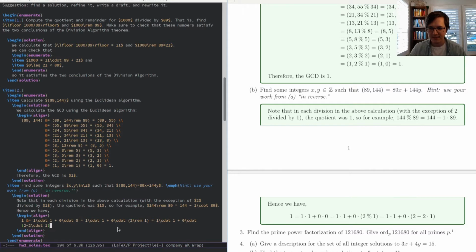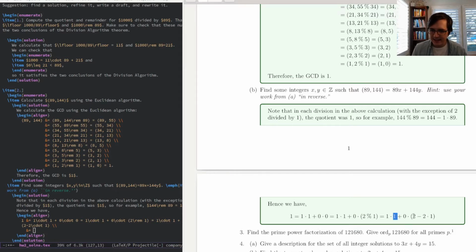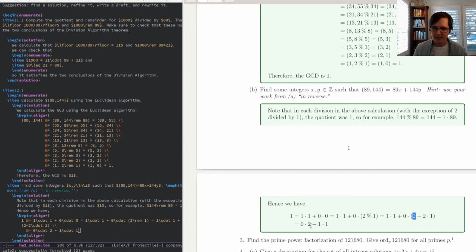So 2 mod 1, that was 2 minus 2 times 1. And now we treat the second number as the thing with a coefficient, so it's 1 times 2, and we're going to collect terms. So we have 0 times 2, and then there's a 1 and a minus 2 times 1, so that's minus 1 times 1. Okay, so we're treating 2 and 1 as the things that have coefficients.